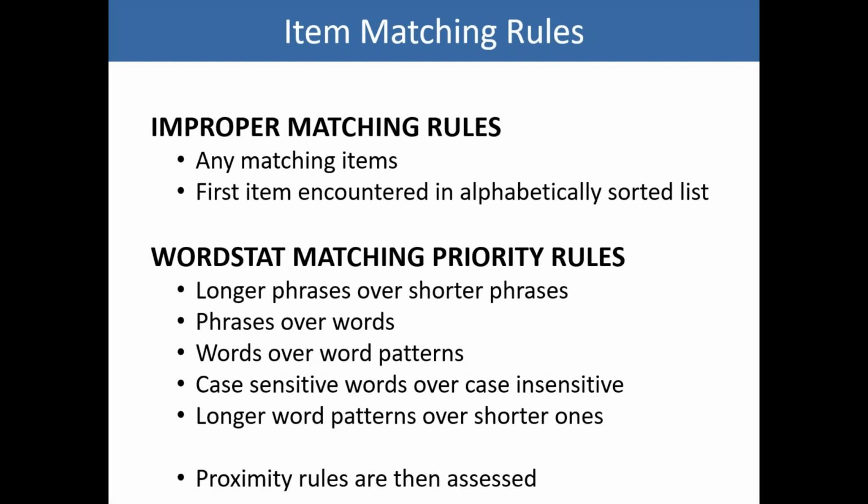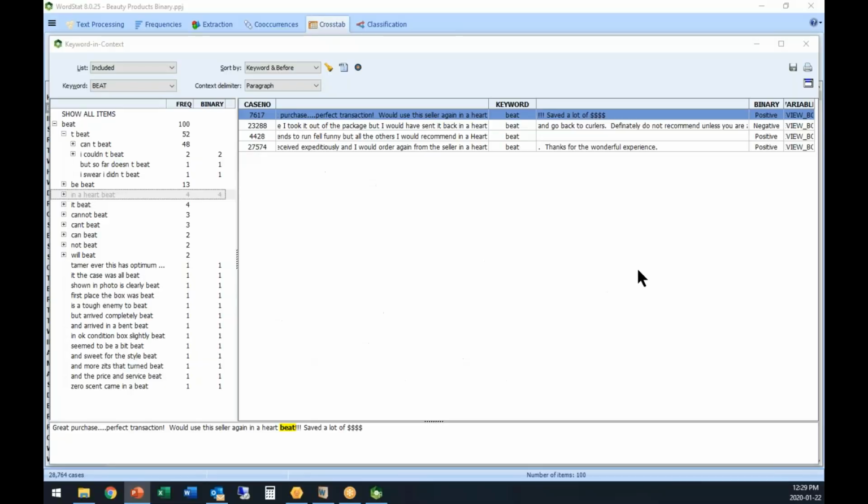So beat, if it appears in can beat, if the software finds the phrase can beat and it's in a positive category, it will categorize it there, and the words in the phrase will not be categorized. So the frequency of beat in the negative sense will be reduced. So that's one way you could disambiguate, by using phrases.